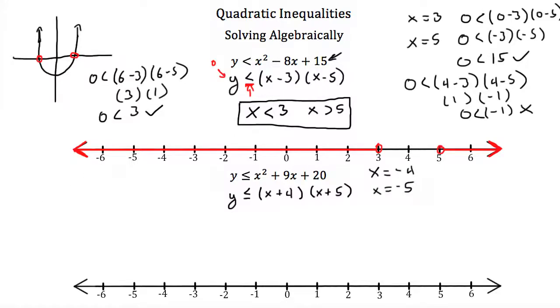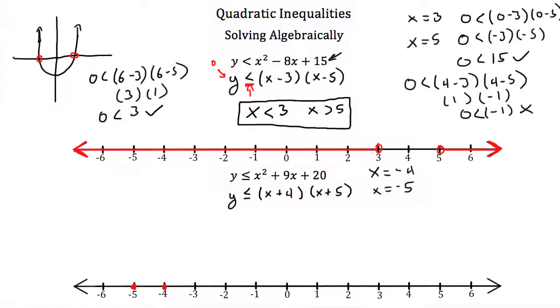Now this is a less than or equal to sign. So I'm going to put points at negative 4 and negative 5, but I'm going to put solid points because these points are valid solutions. Now we need to test points in these three different regions: less than negative 5, greater than negative 4, or between negative 5 and negative 4.